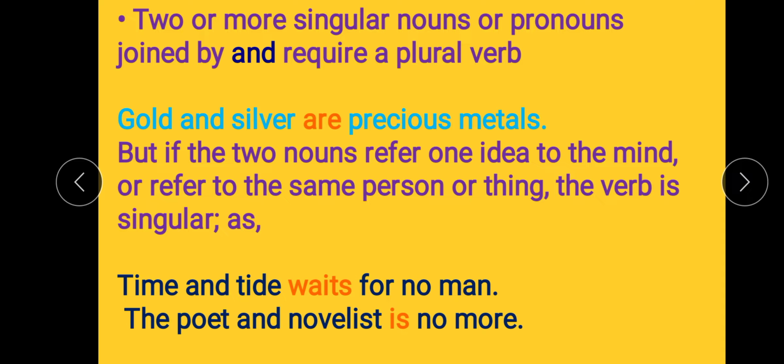Next rule is two or more singular nouns or pronouns joined by the word and always require a plural verb. For example, gold and silver are precious metals. See, two nouns are here, gold and silver.